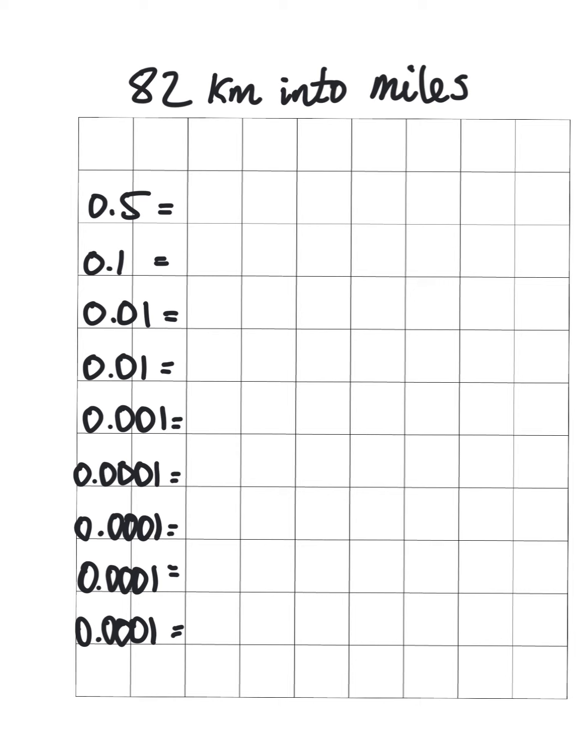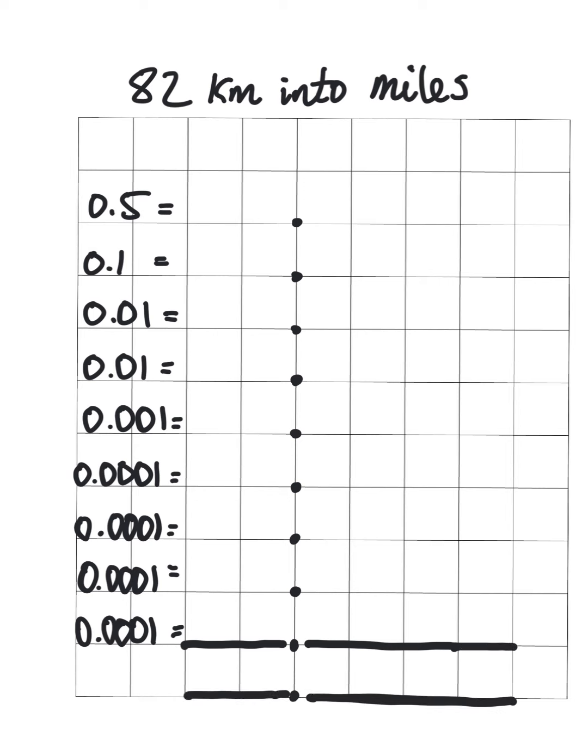So it's a 2-digit number, so the decimal point is going to go there all the way down. Last time it went to 4 decimal places, so I think it'll go to 4 again.